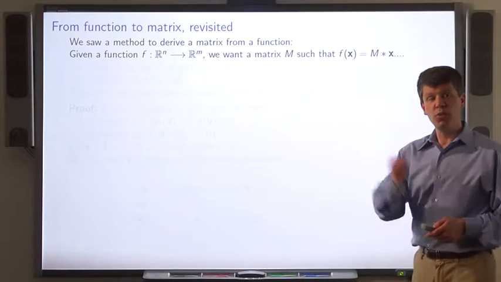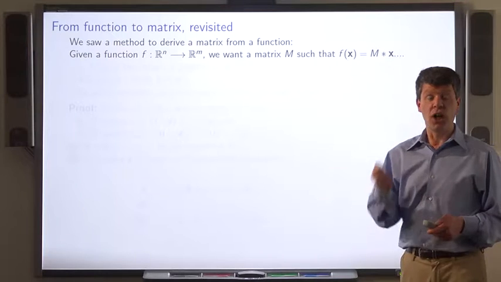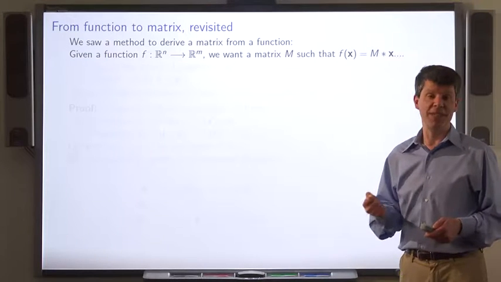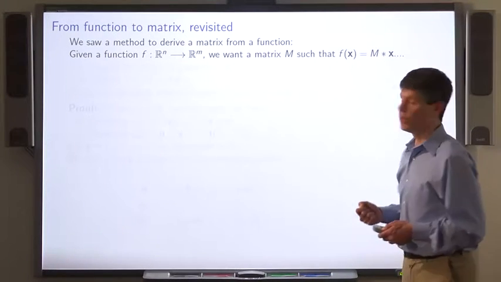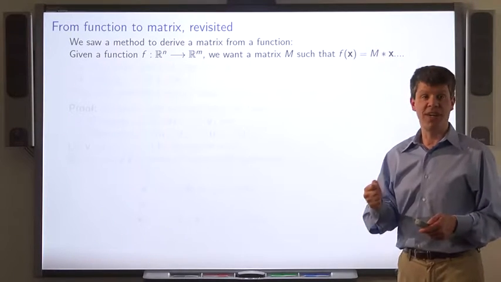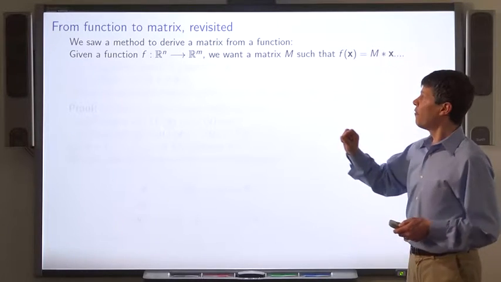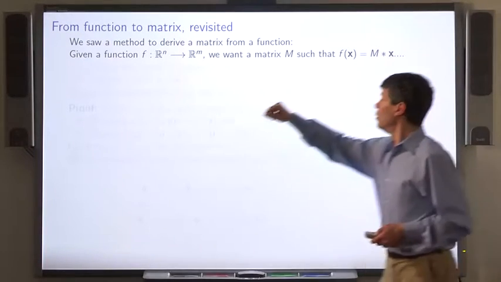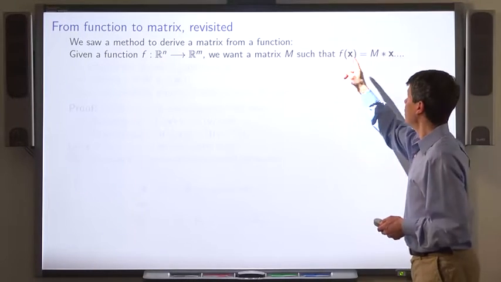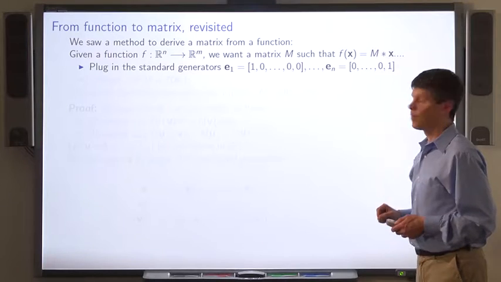In the examples, we showed how to derive a matrix from a function, assuming that the function could be defined by matrix vector multiplication. Now I'm going to show that that method is justified. So given a function from, say, R^n to R^m, we want a matrix M such that f of x equals M times x.